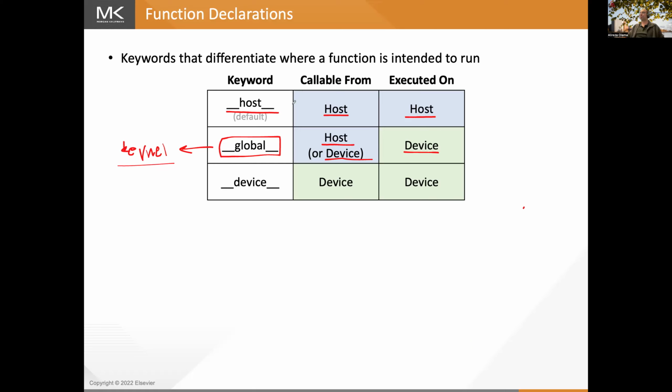So they are typical C++ functions. So completely the same thing. So they are called from the host and they execute on the host, right? And then you can also have this device keyword. And the functions that are annotated using this device keyword, they are called from the device and they execute on the device. Okay.